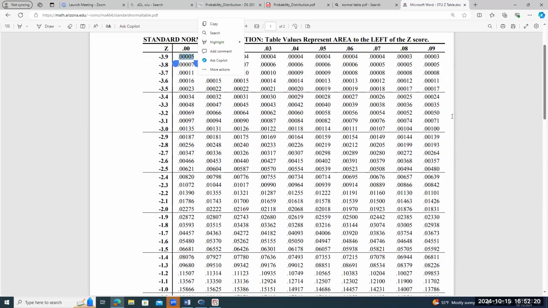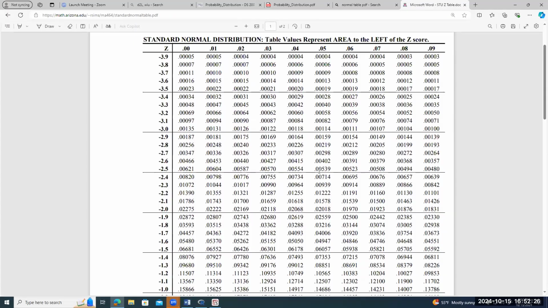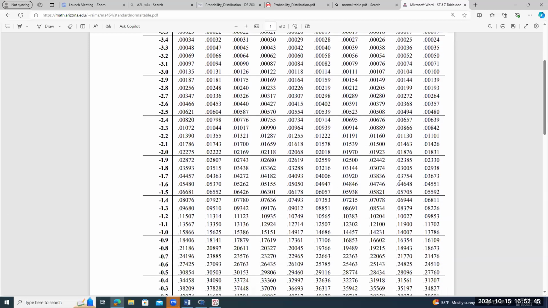This is z, this one is also z. I want less than -1. Are you seeing the value is 0.15866?